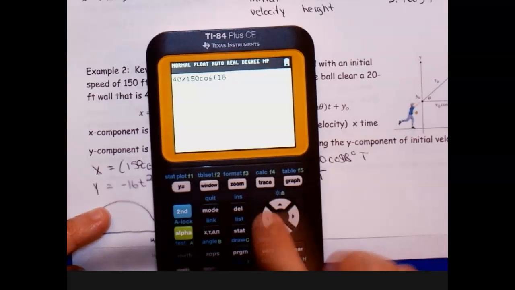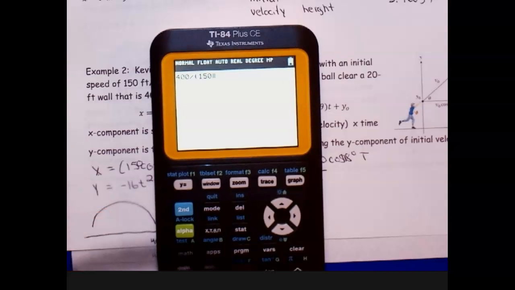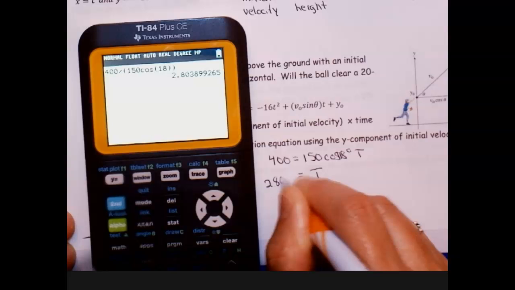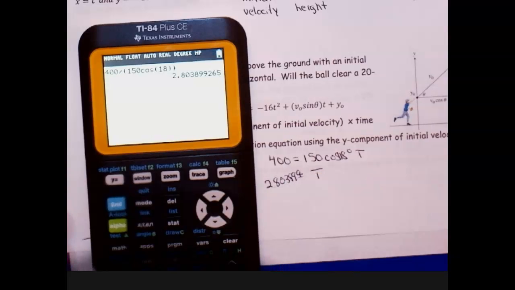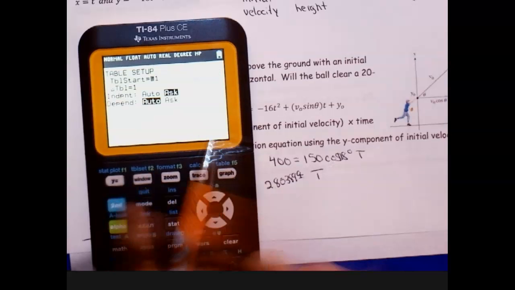The only other thing, I'm going to put that in parentheses just to be safe. And we end up with a time of 2.803899. So at that time, I'm 400 feet out. I need to know what my vertical distance is. So if I go back into my table, I can do an ask.